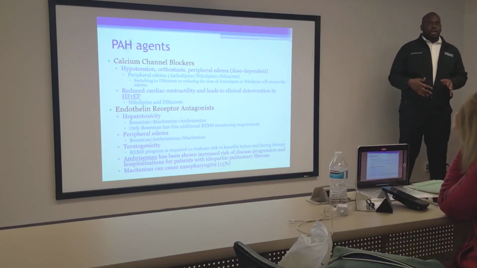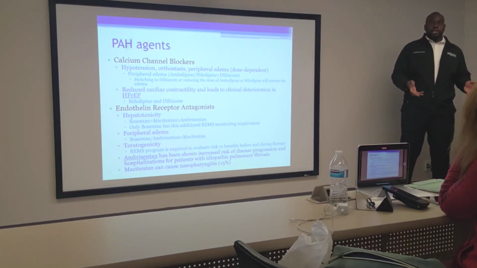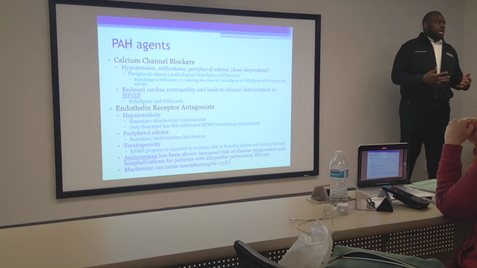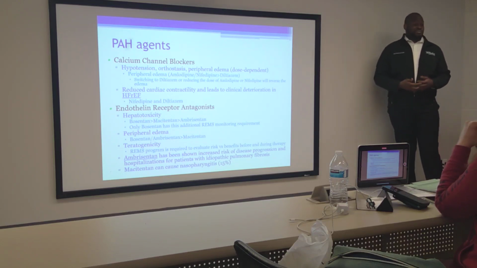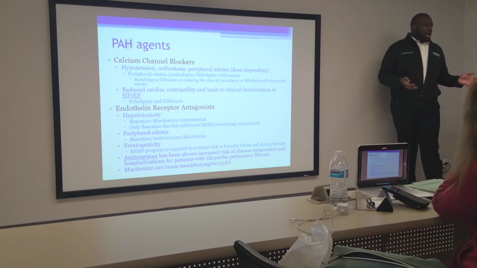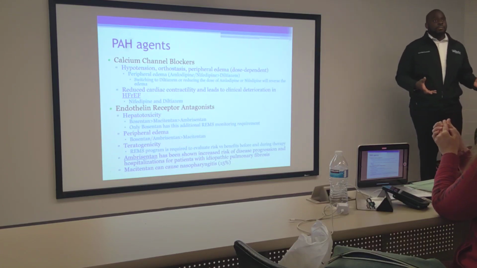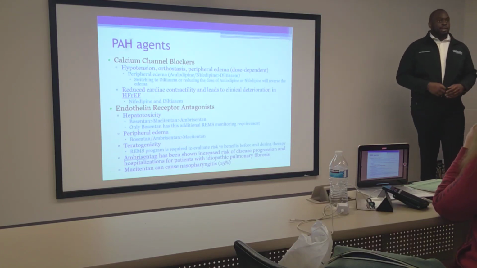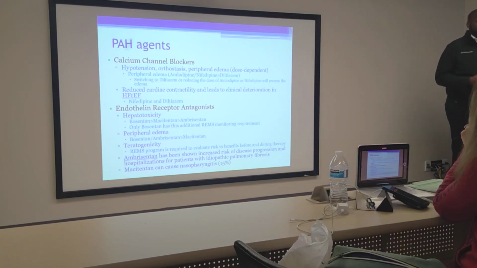So if they came in, let's say they had HPAH, which is the heritable PAH due to genetic causes, but they also had pulmonary fibrosis, which is pretty random, but it does happen, then I wouldn't use ambrisentan in this patient if we had to use an ERA, because of that risk of increased hospitalizations. And it's also about disease progression, which we're trying not to do. We're trying to slow down as much as possible, even halt it.